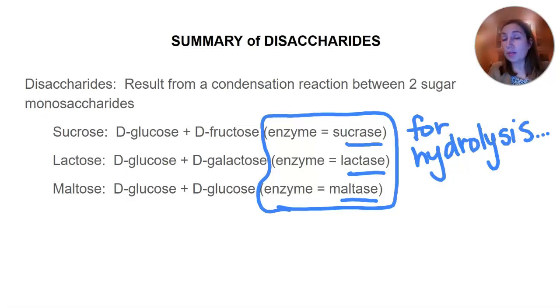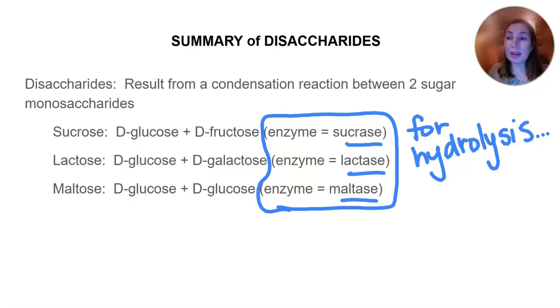Take the disaccharide and make it undergo hydrolysis with water if you use the correct enzyme, which honestly is just the disaccharide's ending changed to ASE for sucrose, lactose, and maltose. Then you can break them into their component monosaccharides.